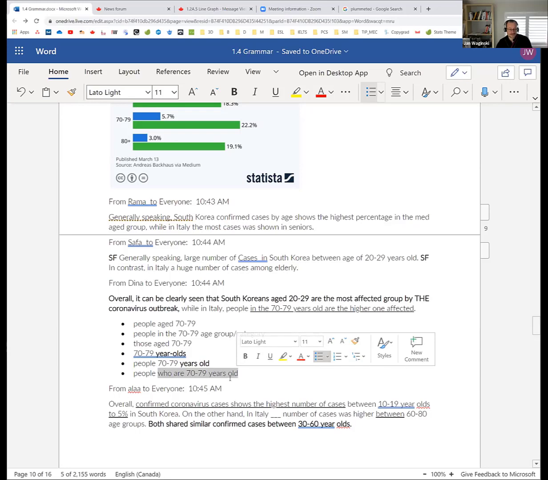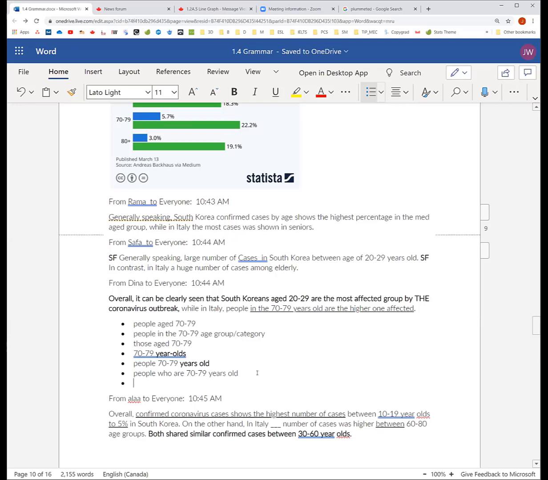If someone asks you, how old are you? You would say, I am 12 years old. I am 50 years old. She is 80 years old.